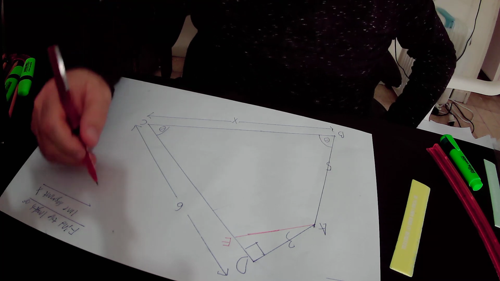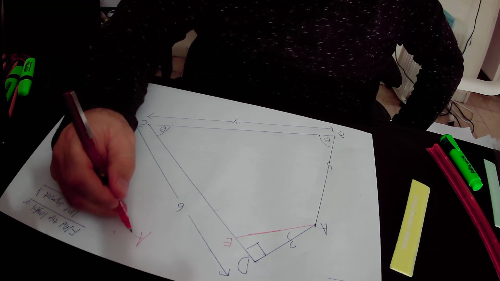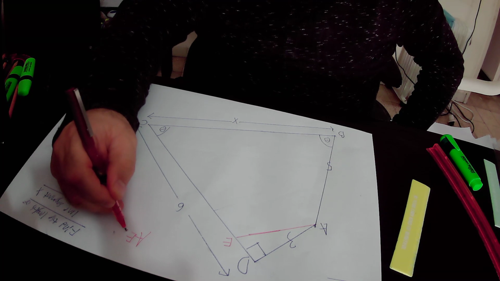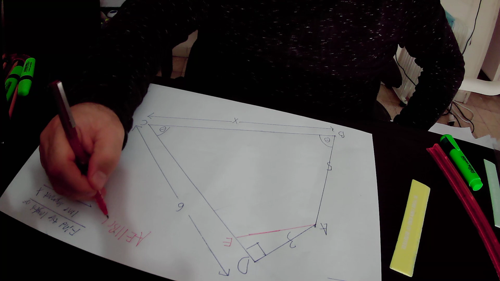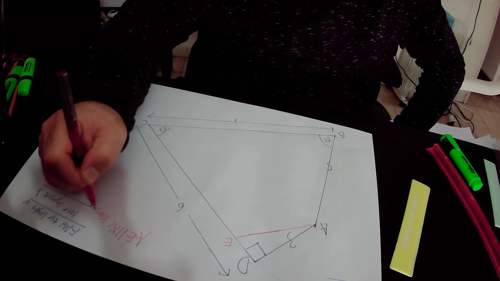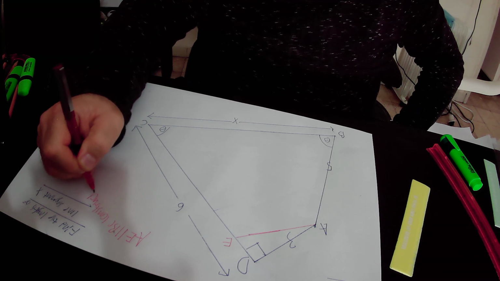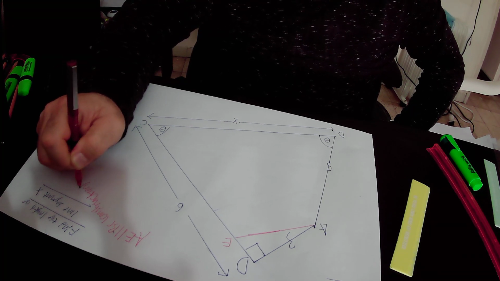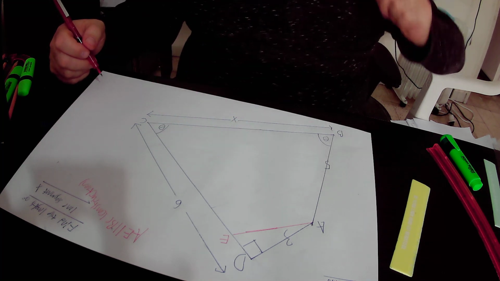I write it down. AE is parallel to BC according to our construction. Okay? AE is parallel to BC according to our construction.